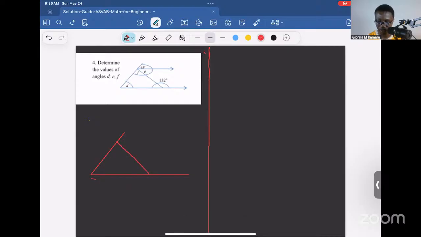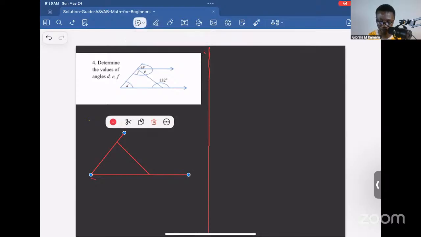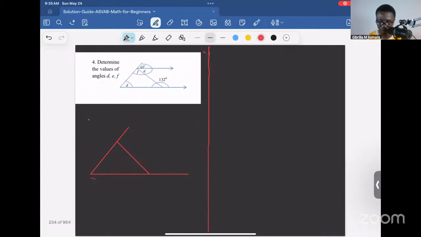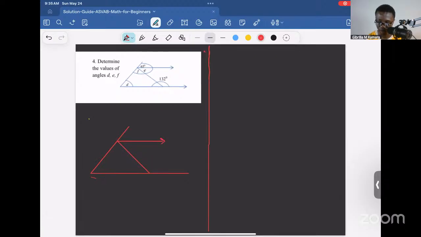We have this. I'll just extend this one a bit. Next, we have this one, which these lines indicate that these are parallel lines, by the way.